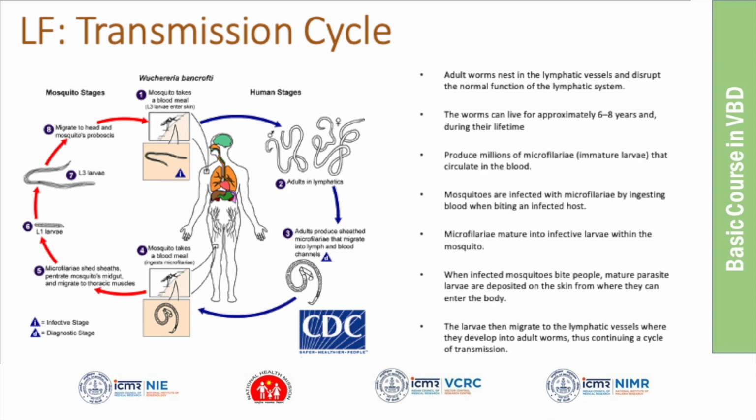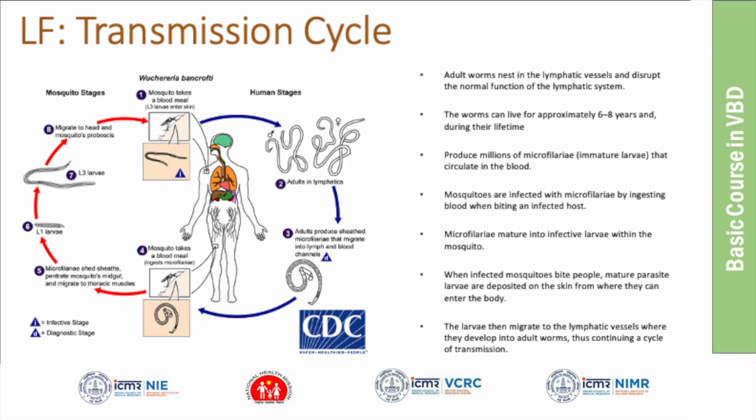The microfilariae further undergo development in the mosquitoes. They go through 3 different larval stages called L1, L2, and L3. The L3 is called the infective stage. So when an infective mosquito bites people, the mature parasite, the L3 stage, is deposited on the skin from where it can enter the body.